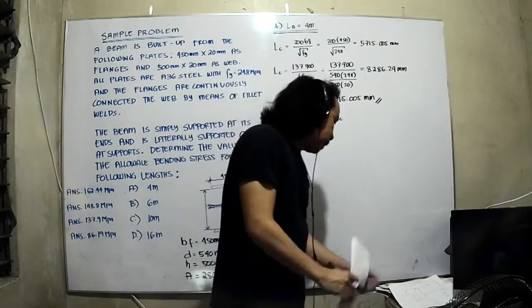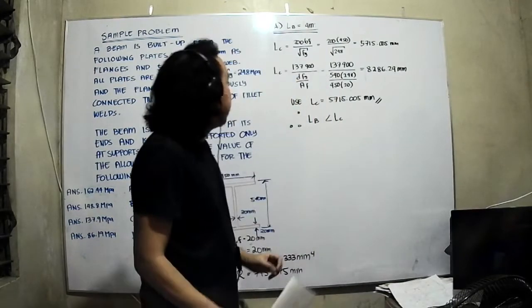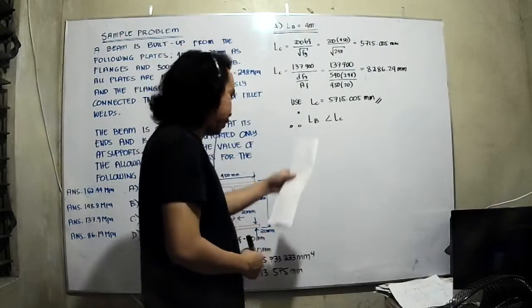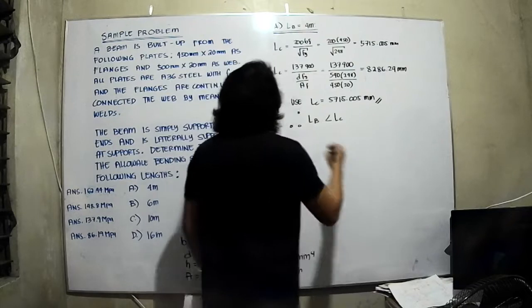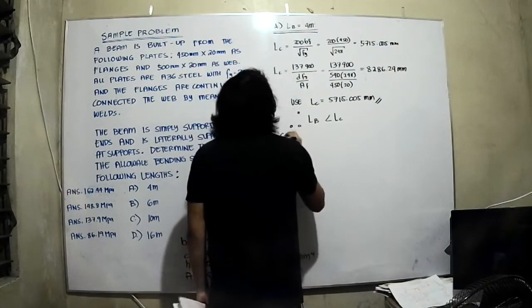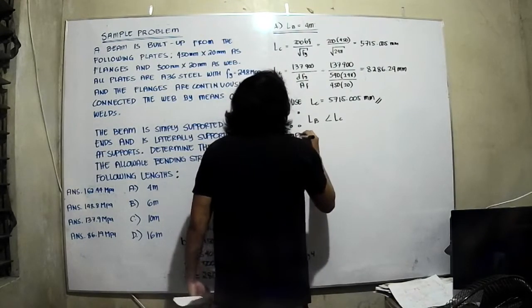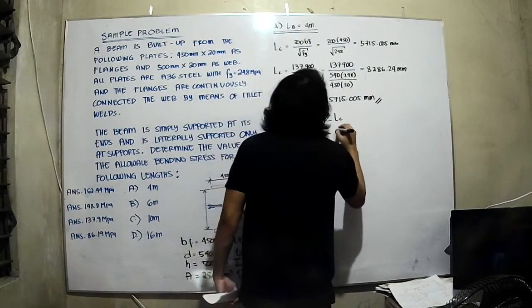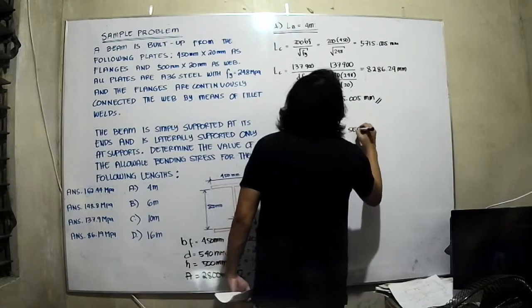After we verify that LB is lesser than LC, we need to confirm the compactness of the section. Compactness of section.